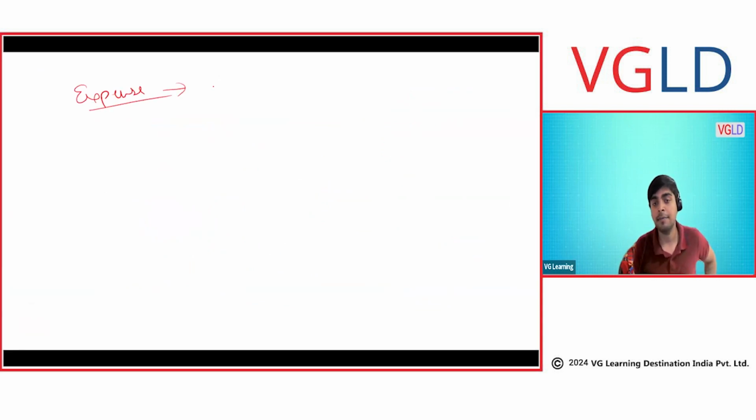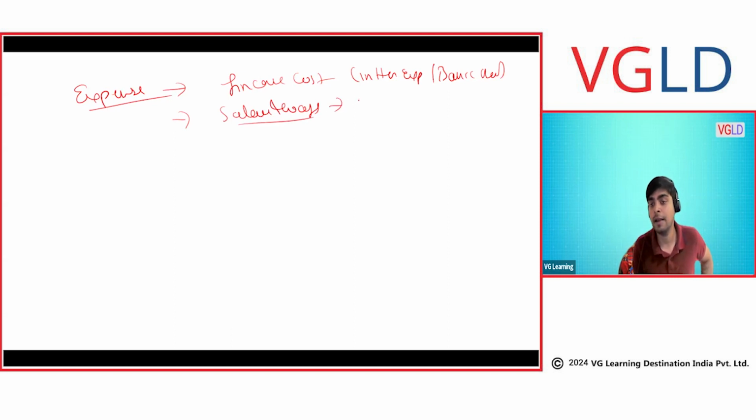Okay. Let's say one major head is finance cost. Finance cost basically includes your interest expenses, bank charges. Second is your salary and wages. This basically includes the employee salary. Then depreciation and amortization.